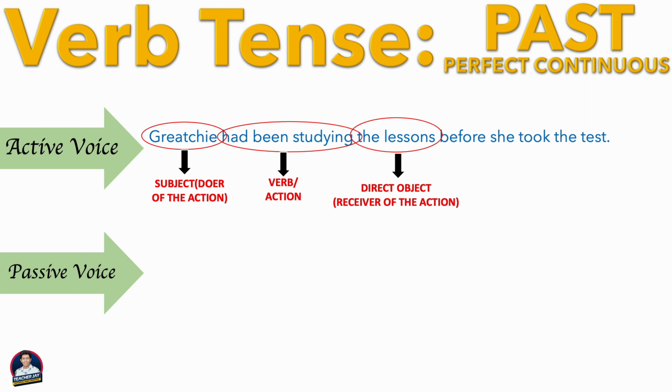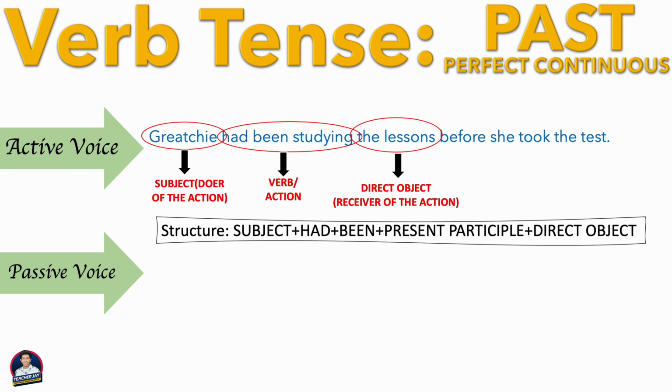As you can see in this example, we have the subject Gretchen, who performs the action, which is had been studying the lessons. This example uses the structure subject plus had plus the word been plus the present participle form of the verb, or the ing form of the verb, which is studying, and then the direct object, the lessons.